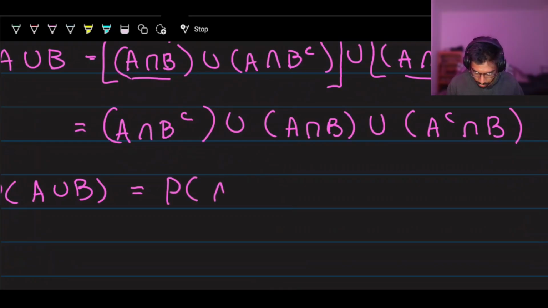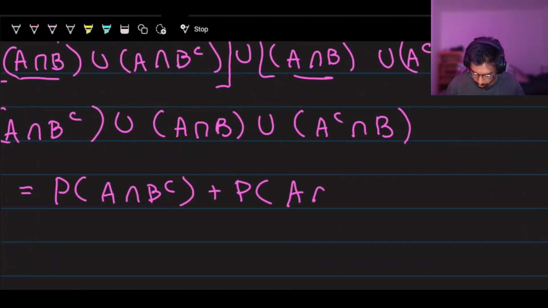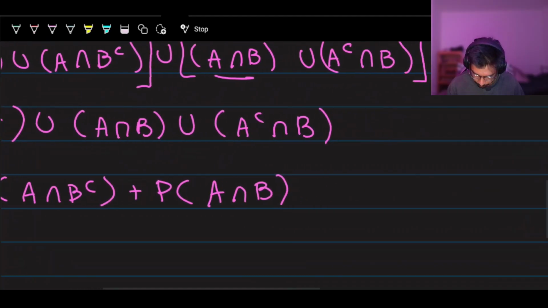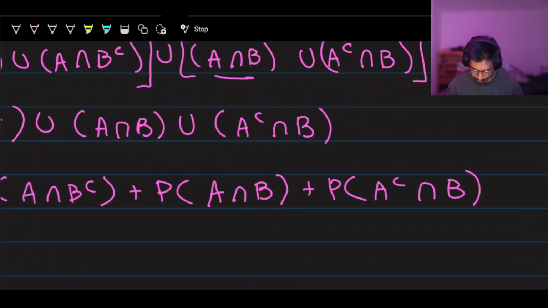So the probability of A intersect B complement plus the probability of A intersect B plus the probability of A complement intersect B.